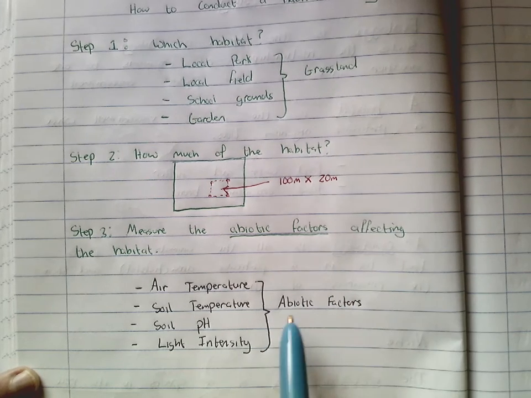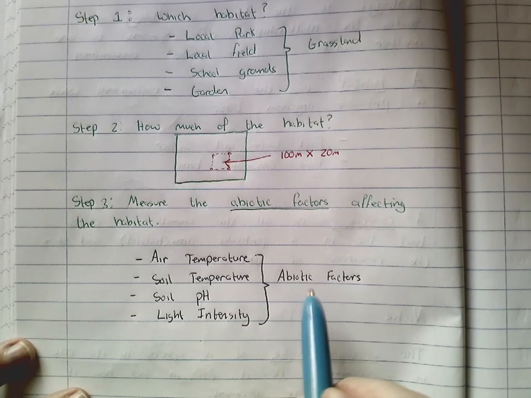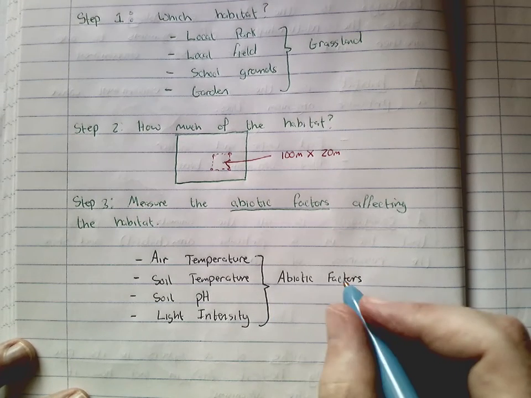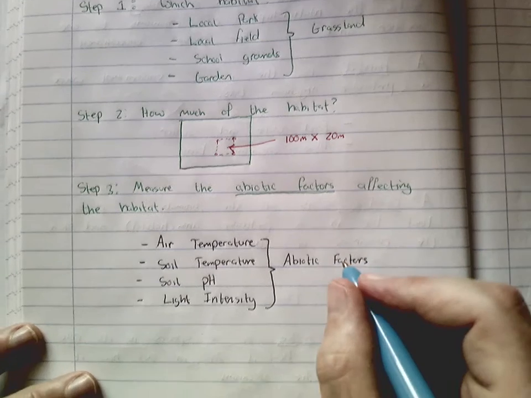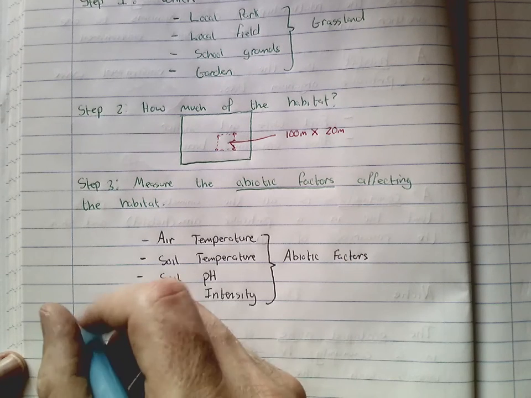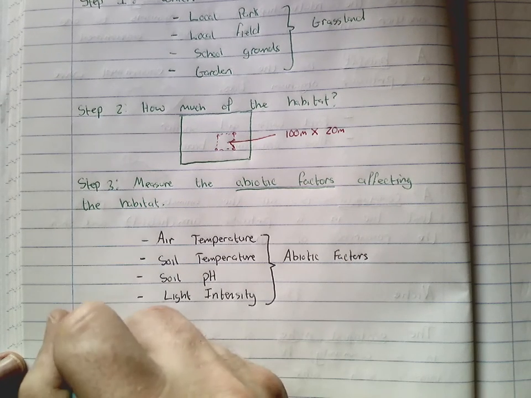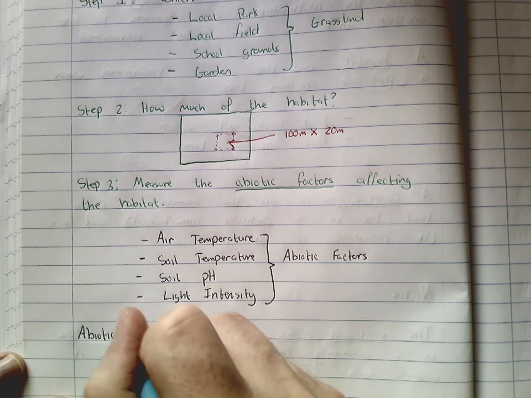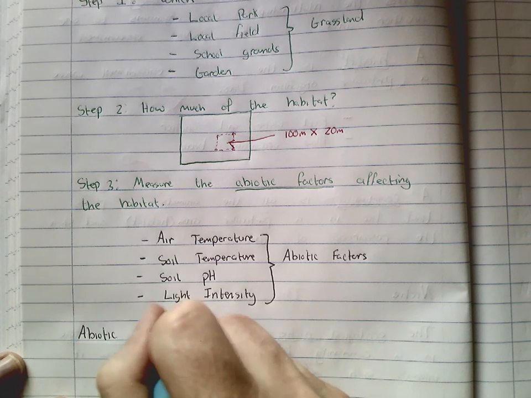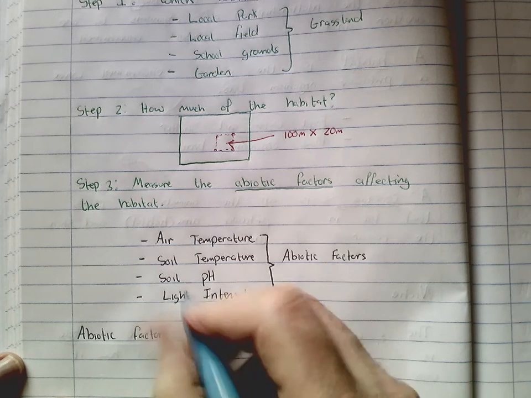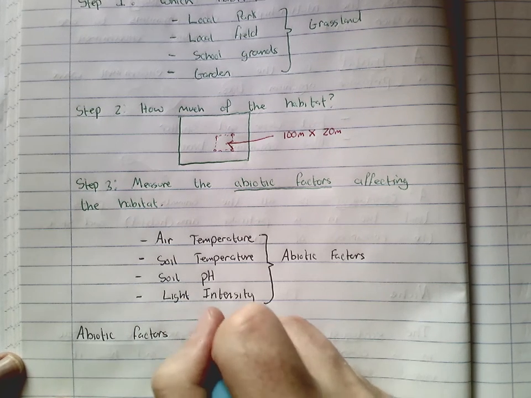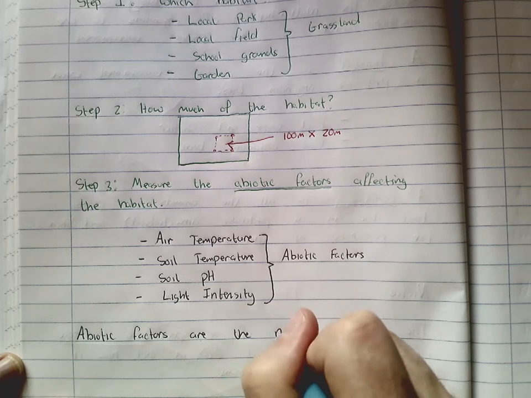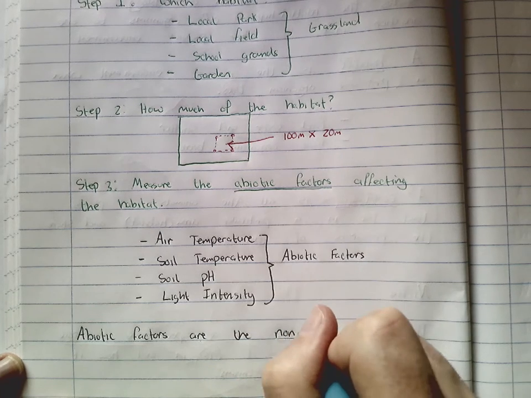Again, this is a new term that you need to learn. If we look at the actual definition of an abiotic factor, abiotic factors are the non-living things that affect organisms in their habitat.